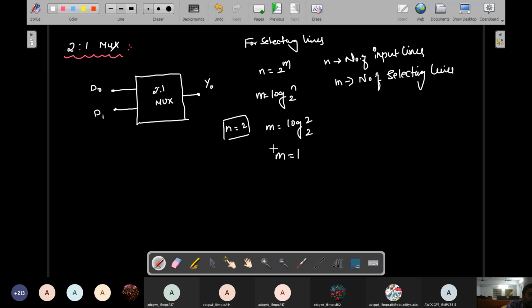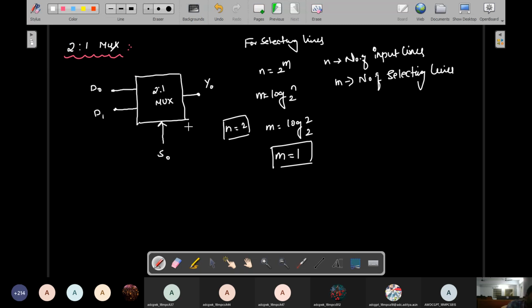So m is equal to 1. Here we have two inputs, so we supply one selecting line. This is the selecting line.